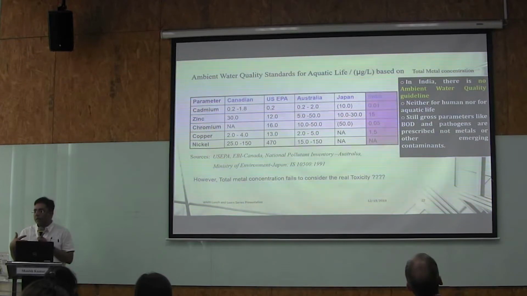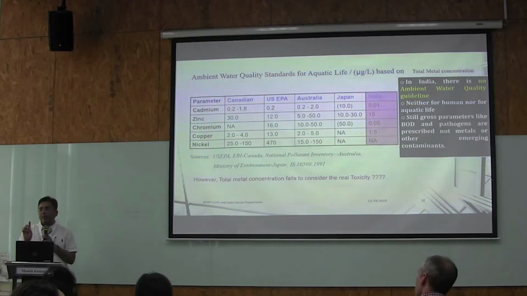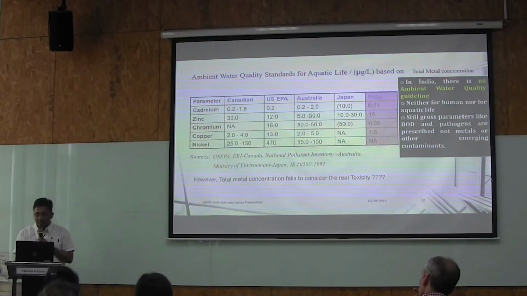We have drinking water guidelines, but we don't have ambient water guidelines. So from that perspective, it is very important. And even other countries that have water metal guidelines, they are based on total metal, not metal speciation.